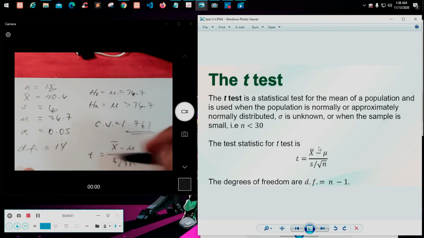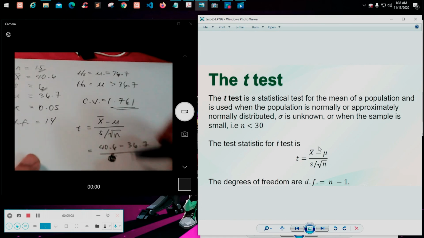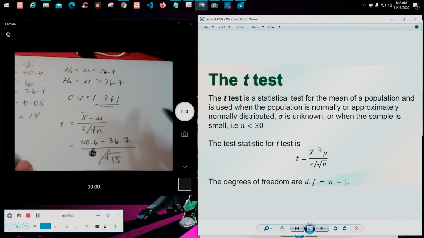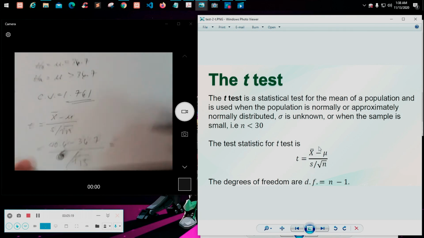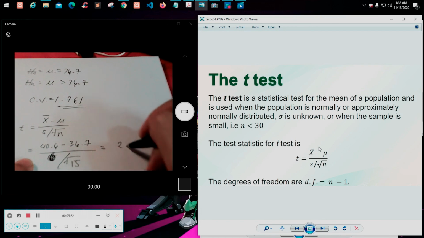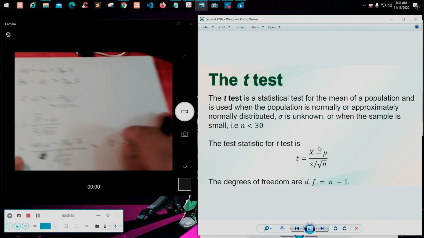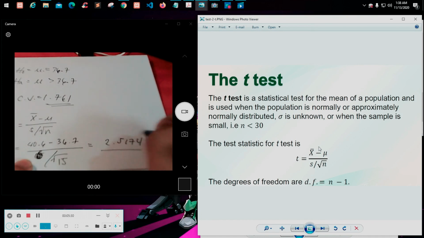So substitute the values: 40.6 minus 36.7 over 6 divided by square root of 15. Solving this using a calculator, we will have the result of 2.5174. So this will be our t statistic value.